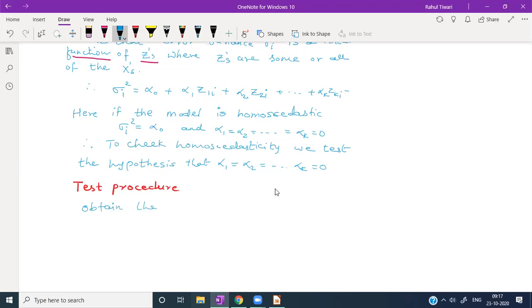Obviously, we need to obtain these estimates, then only we can go ahead.